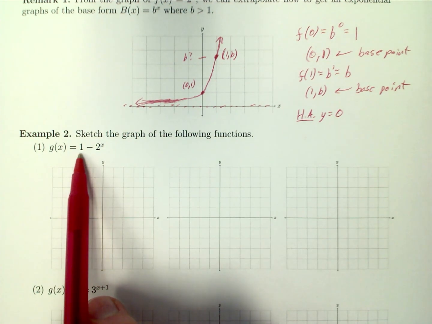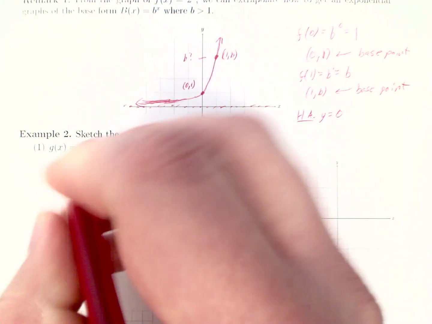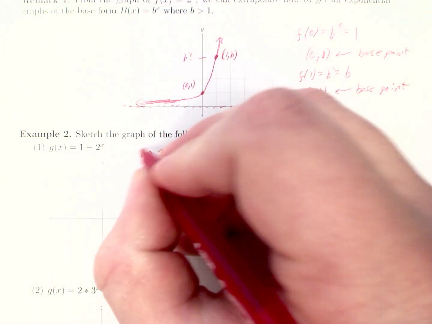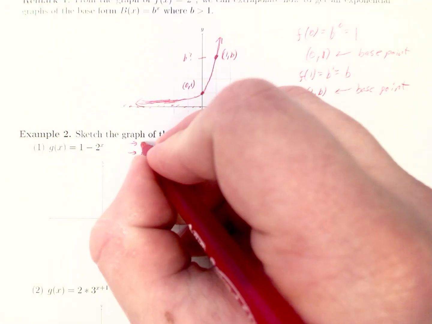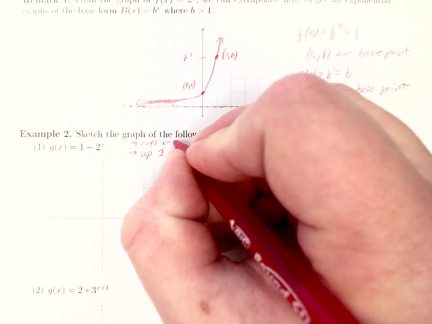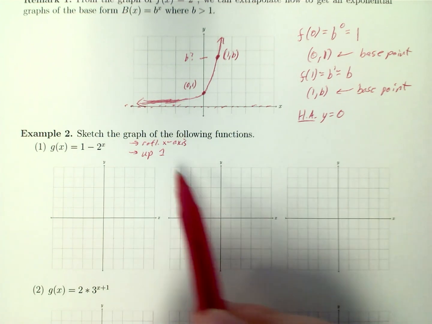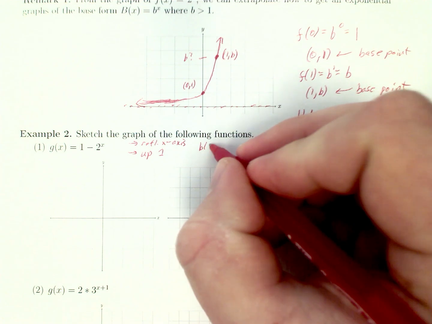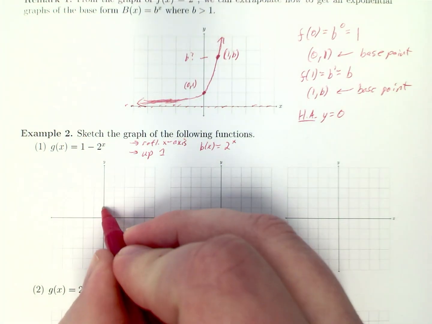Here, the transformation is shifting up 1 because it's a positive, and the negative in front does a reflection over the x-axis, or a vertical reflection. Remember, when you're doing transformations, the one you do last is always the shifts. So our base graph is 2 to the x, which we're going to note down here.